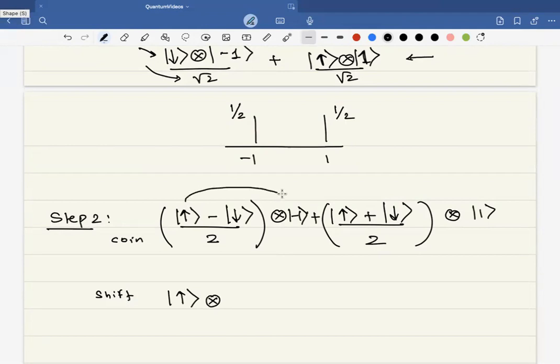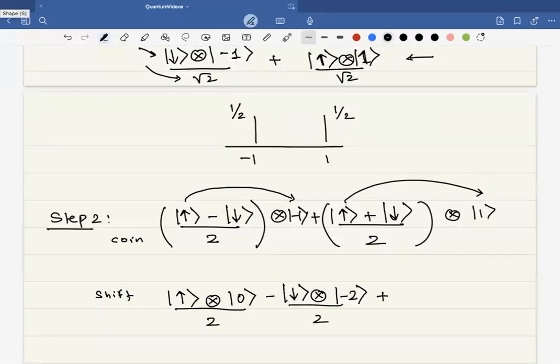This up leads to this being shifted to 0, minus down tensor, this will shift to -2, plus, so this will all be divided by 2. And then this up will shift this to +2, plus down will shift to 0.